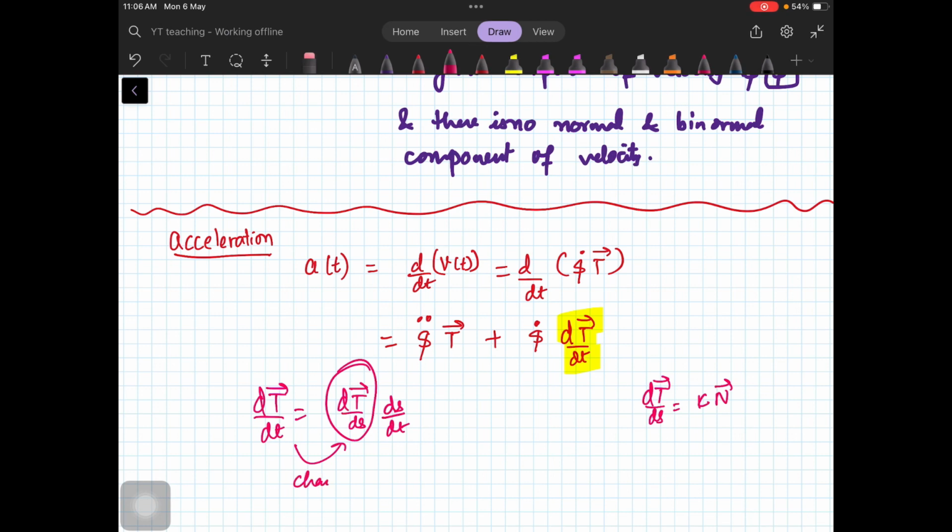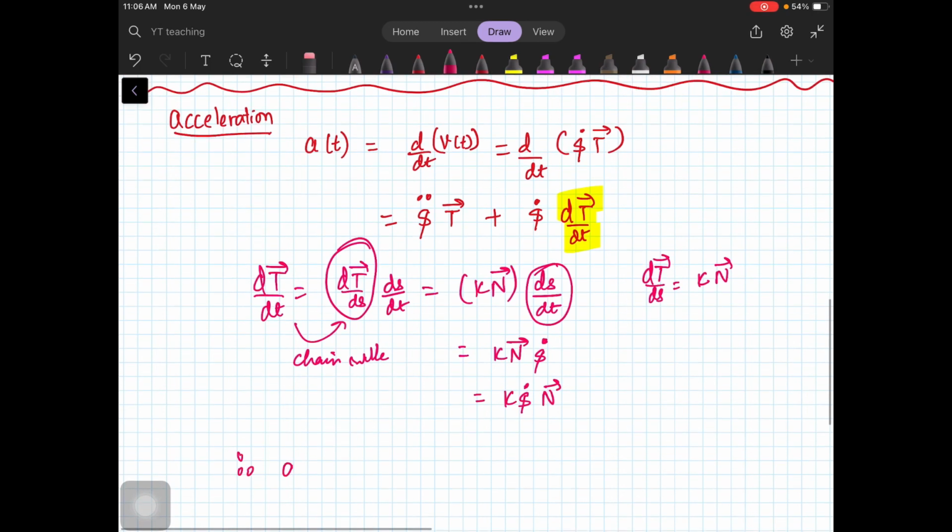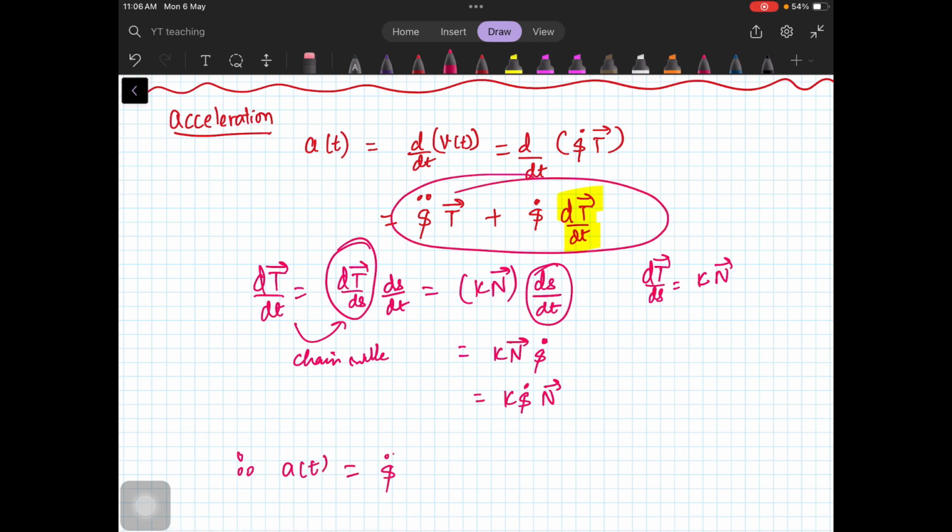When I go from here to here, that is chain rule, and then this is kappa times N vector ds by dt. So that is kappa times N vector, ds by dt is s dot. So that is kappa s dot N vector. Therefore, our acceleration becomes s double dot T vector plus s dot, and then we have kappa s dot N vector.